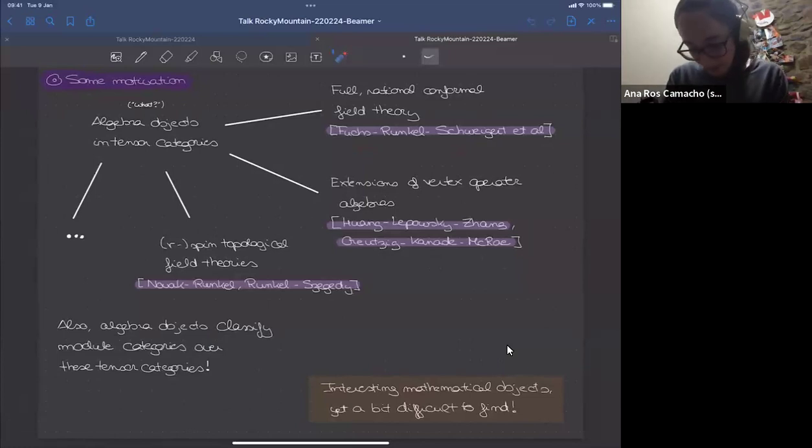In this particular case, they classify them by simply two ingredients: a rational VOA, a rational vertex operator algebra describing the symmetries of the CFT, and an algebra object inside the category of representations of this VOA.